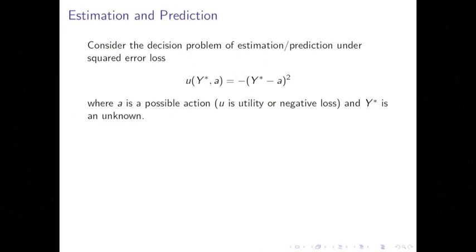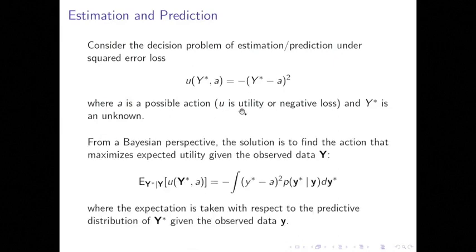For squared error, that would just be the squared difference. We'll take a negative to convert this from a loss function over to a utility function. If we do that, then from a Bayesian perspective, the optimal thing to report will be the action that's going to maximize the expected utility given our observed data.